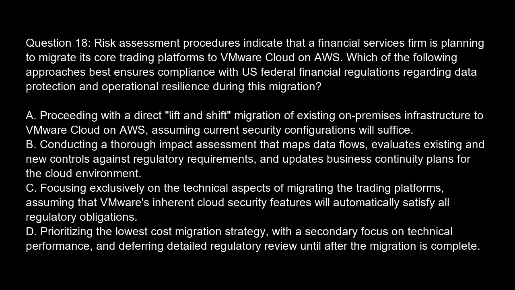Option C. Focusing exclusively on the technical aspects of migrating the trading platforms, assuming that VMware's inherent cloud security features will automatically satisfy all regulatory obligations. Option D. Prioritizing the lowest cost migration strategy, with a secondary focus on technical performance and deferring detailed regulatory review until after the migration is complete.